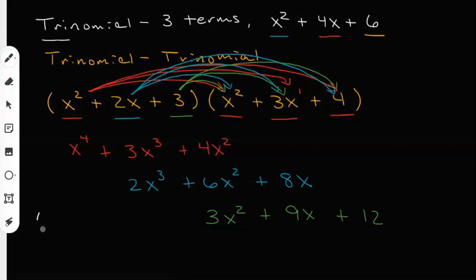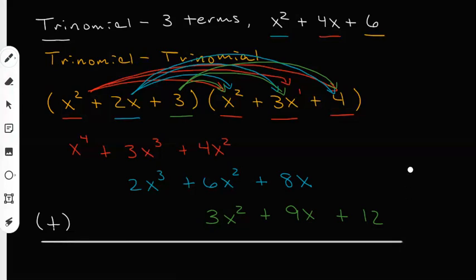So I'm going to put a plus sign off to the side in parentheses like this. There's my plus sign, and I'm going to draw my line underneath it. Hopefully this line will cross over and get everything. Okay, so now we're ready to add.